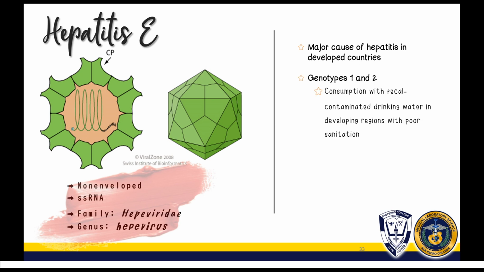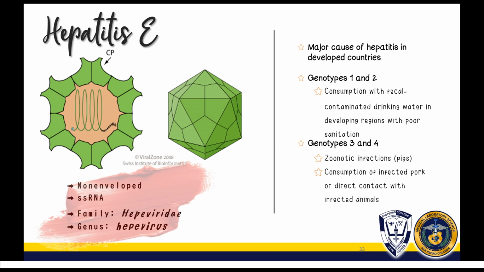And there are genotypes of hepatitis E. We have four genotypes. Genotypes 1 and 2 are acquired through consumption of fecal contaminated drinking water, and genotypes 1 and 2 are the most common hepatitis E in areas with poor sanitation.